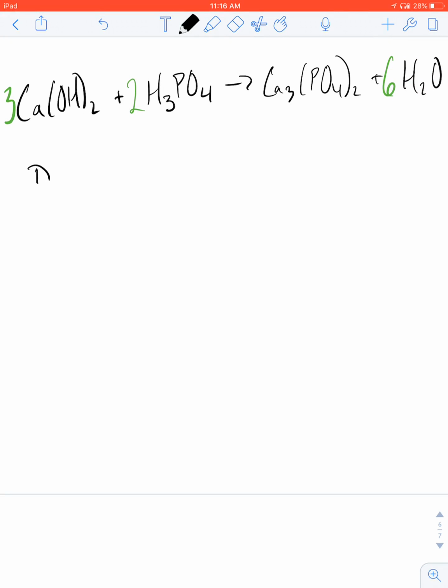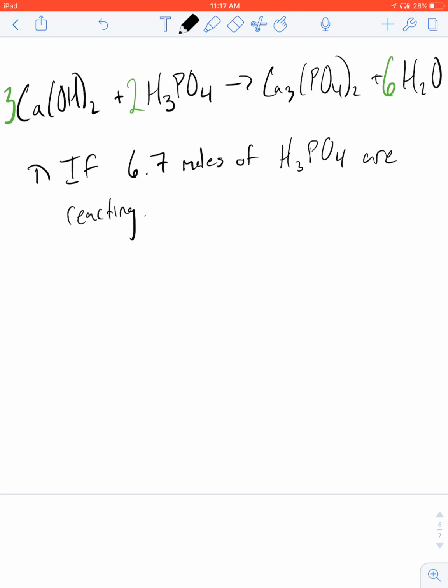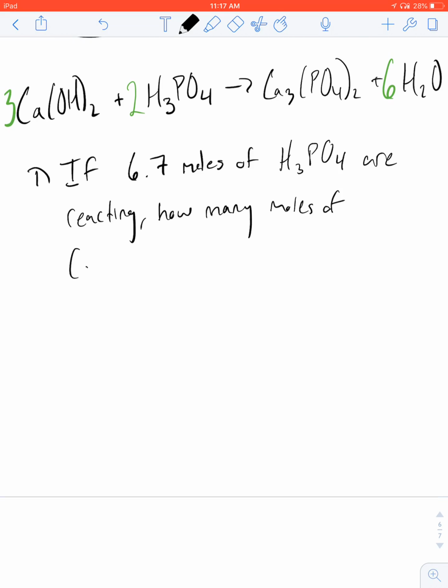Okay, so number one: if 6.7 moles of H3PO4 are reacting, how many moles of calcium phosphate can be produced?